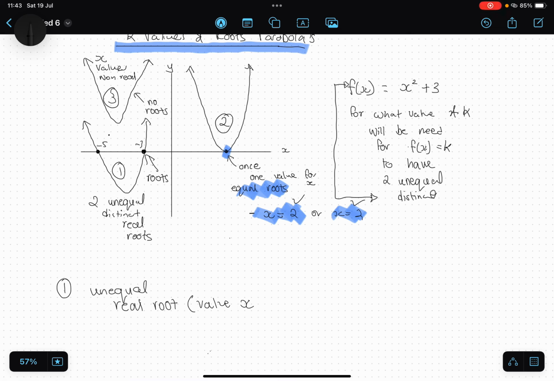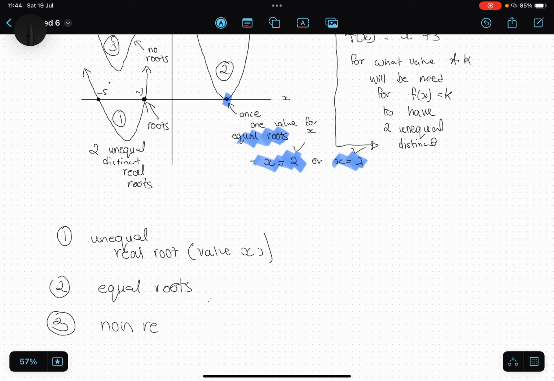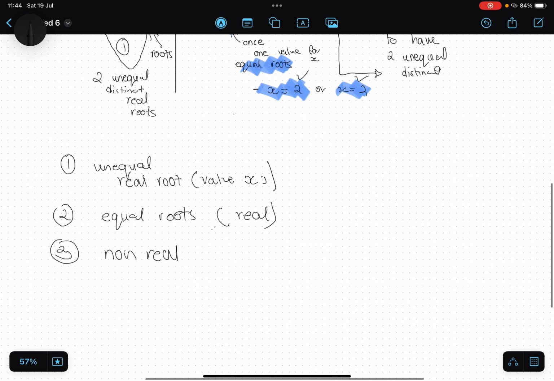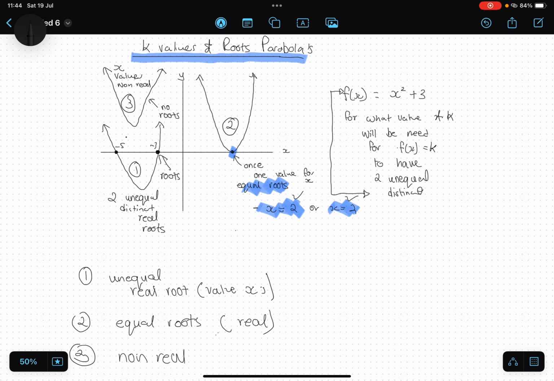They might not say roots, they might just say values for x. They might also ask for equal roots or equal values for x, which is option 2. And option 3 will be non-real. Obviously the other two will be real values.